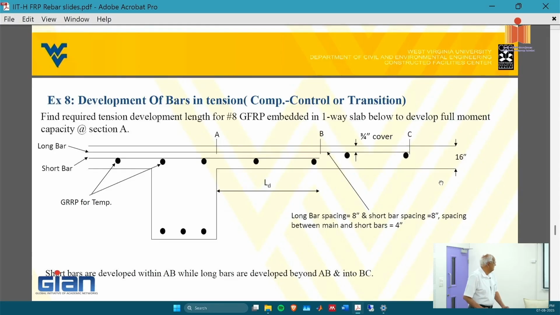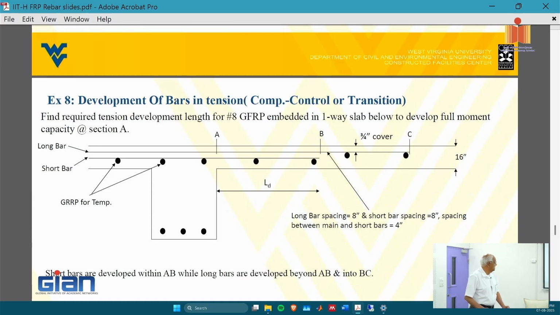So what we are looking at is zones AB and AC, where you are talking about the development length.